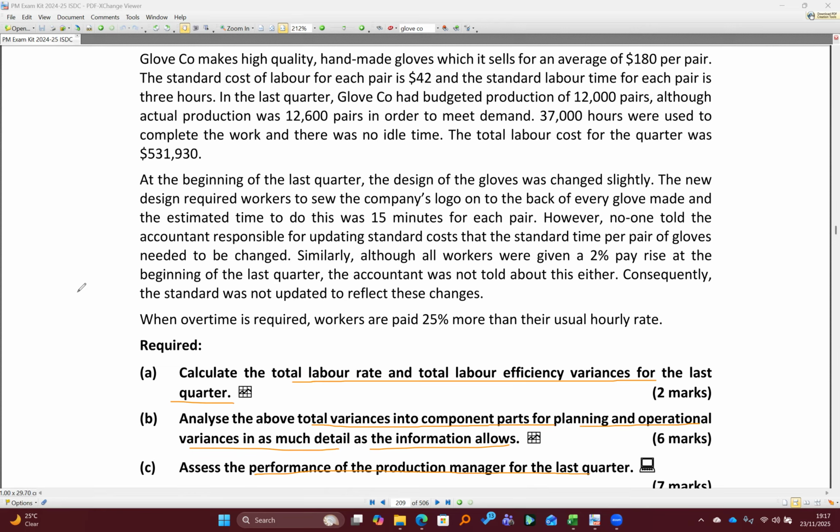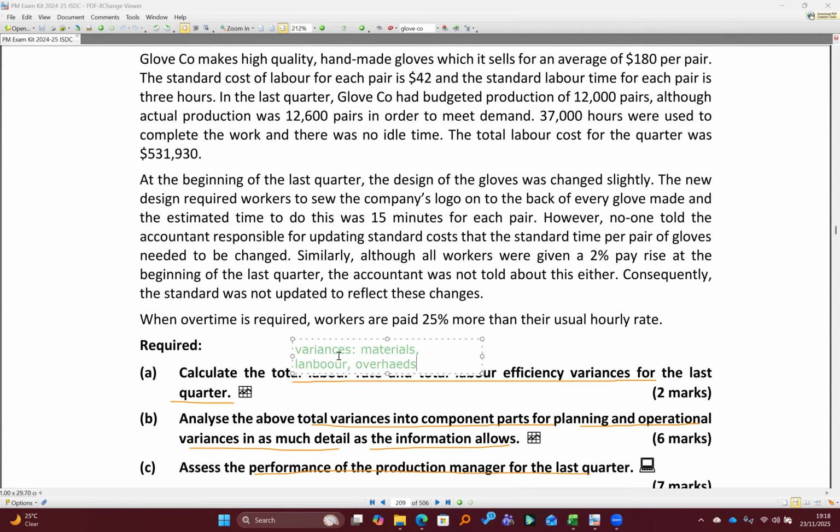Before I even look at the question, I would like to let you know that when it comes to budgeting, the most that you need to know is about variances: variances that have to do with materials, labor, and overheads.